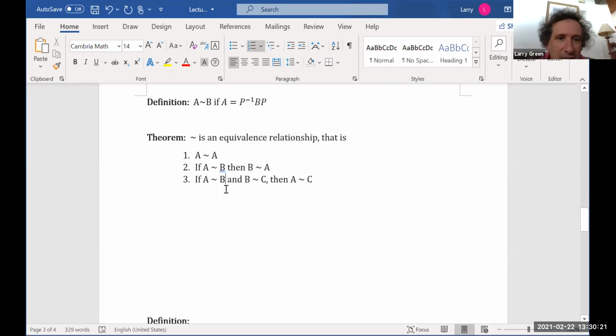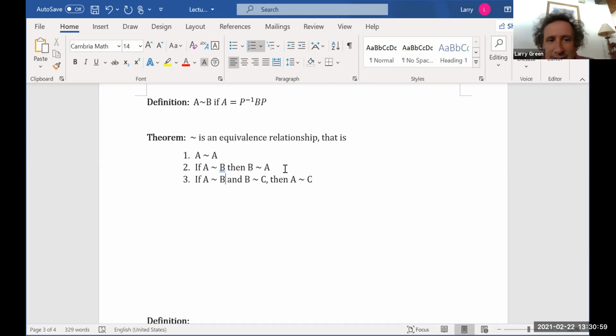For two things to be equivalent, you have to have three facts that are true. The first fact is that A must be equivalent to A. Otherwise, we just don't call it equivalent. The other is if A is equivalent to B, then B is equivalent to A. Does that sound reasonable that you'd want that?